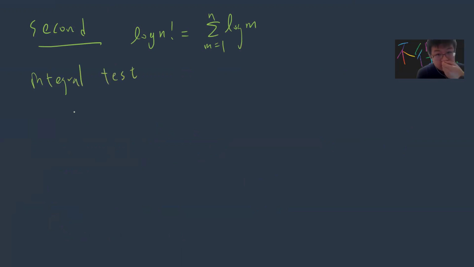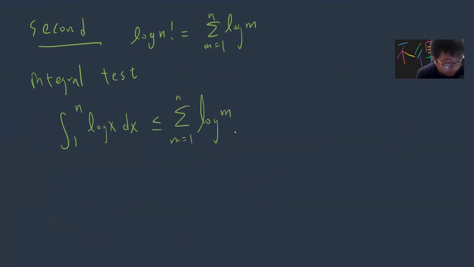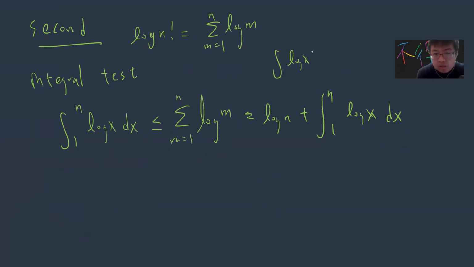So you get the integral from 1 to n of log x dx, which is less than or equal to the sum, and the sum is less than or equal to log n plus the integral from 1 to n of log x dx. And the integral of log x dx is x log x minus x. Using simple calculus, you get this bound.